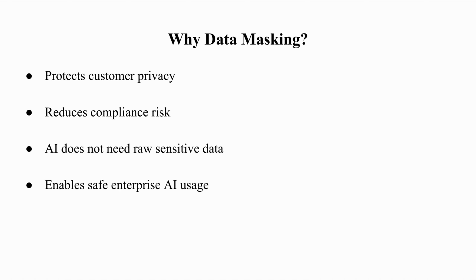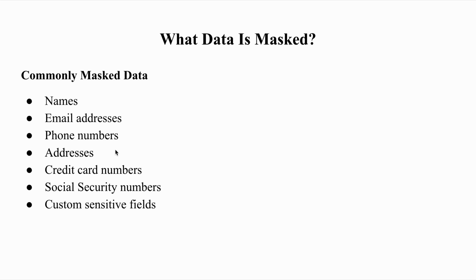And now let's see what kind of data can be masked. These are simple examples. Salesforce can automatically mask common sensitive data like names, email, phone, address, credit card, security numbers, and any other sensitive customer fields. Now I'll tell you how the data masking works step by step.